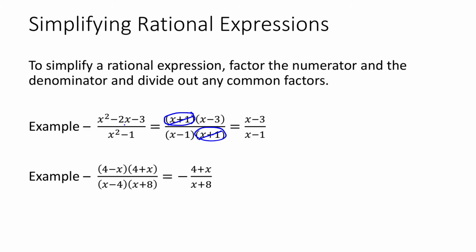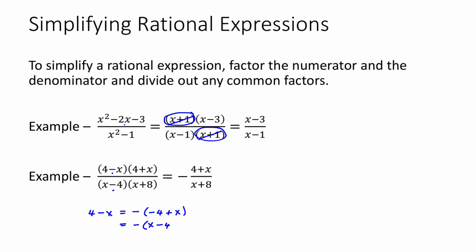In the next example, I have 4 minus x times 4 plus x. So this is already factored. x minus 4 times x plus 8. I don't have any factors that are exactly equal to each other, but I do have the 4 minus x and x minus 4. And those are negatives of each other. So 4 minus x is equal to the opposite of negative 4 plus x, which is x minus 4.